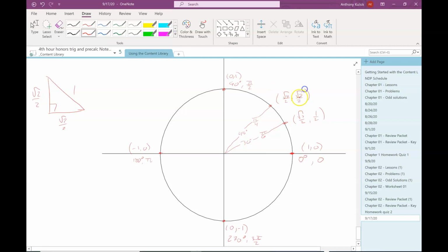And then the last one is the 60 degree angle, which is the same thing as pi over 3. It's the same as the 30 degree angle, but the two leg distances are in the opposite spots, right? Is everybody okay there?